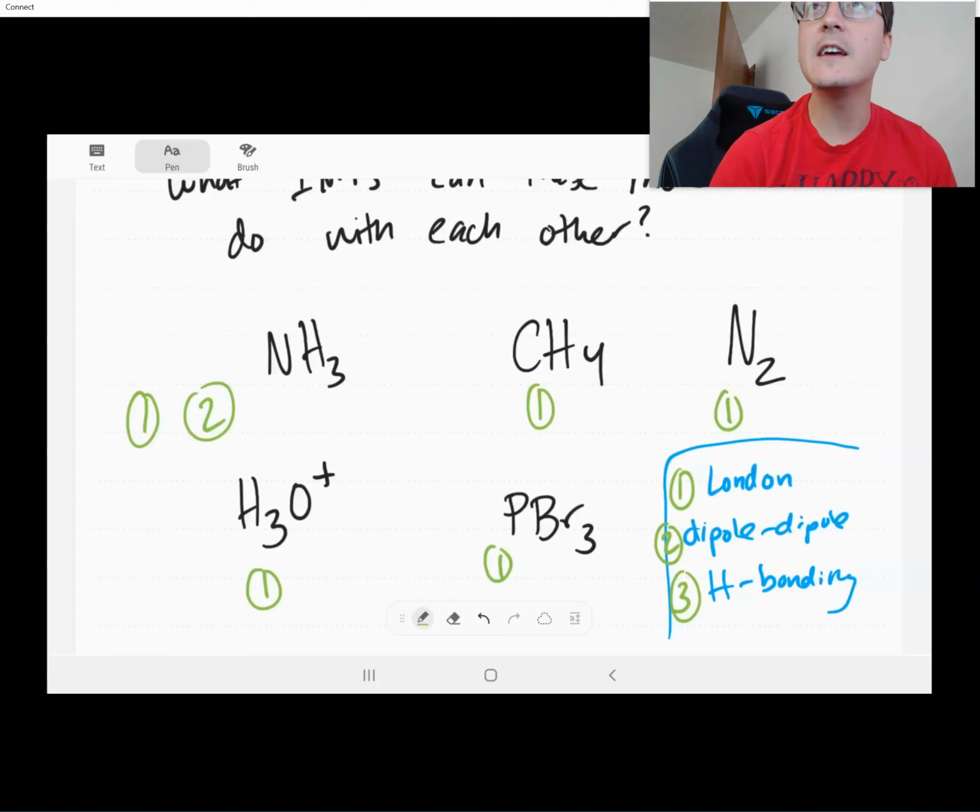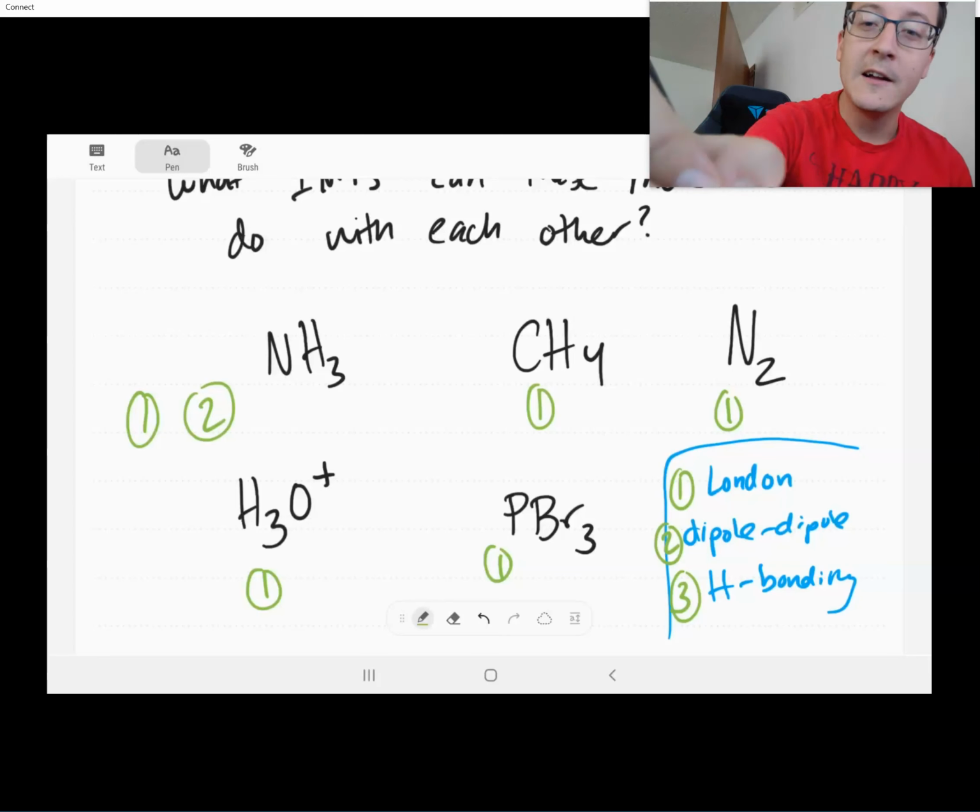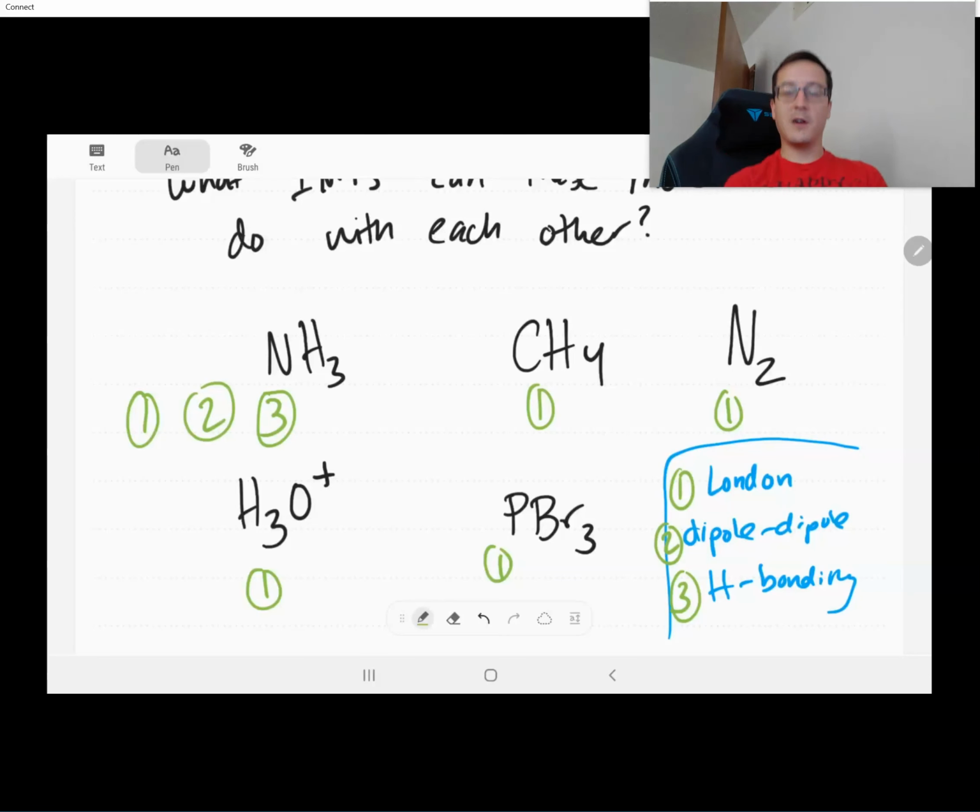Okay, and then, yes, Elsa did say that we can also do hydrogen bonding, and that's correct because, remember, there are 3 elements that are required for hydrogen bonding, right? We can have fluorine, we can have oxygen, we can have nitrogen. Since nitrogen is one of those 3, that'll give us our hydrogen bonding. Does that make sense?